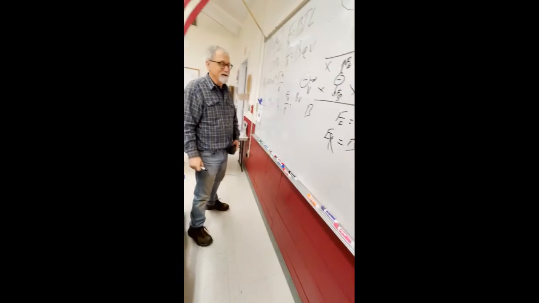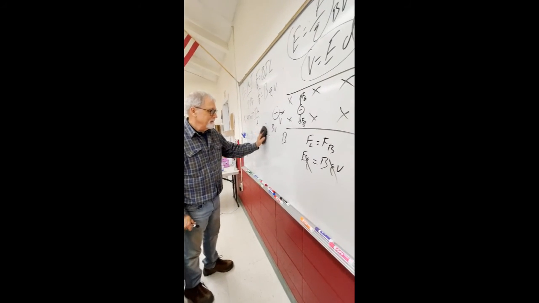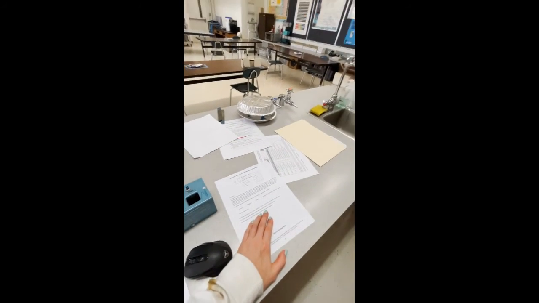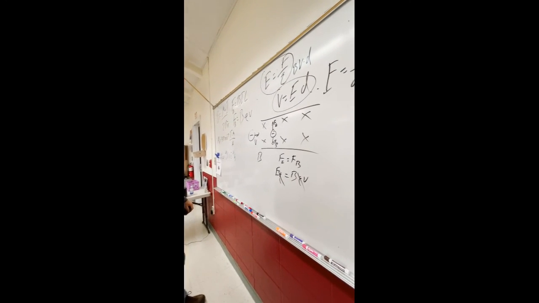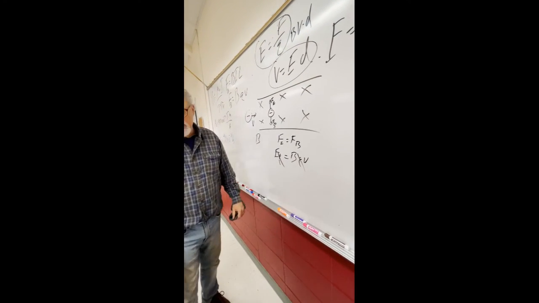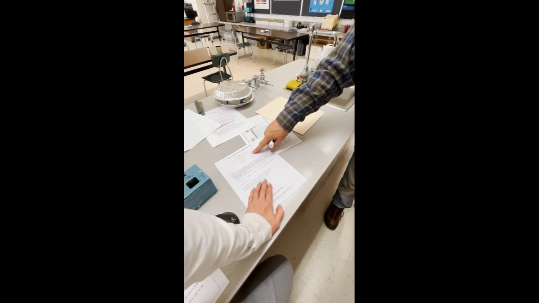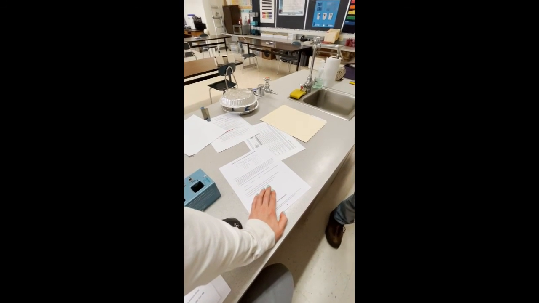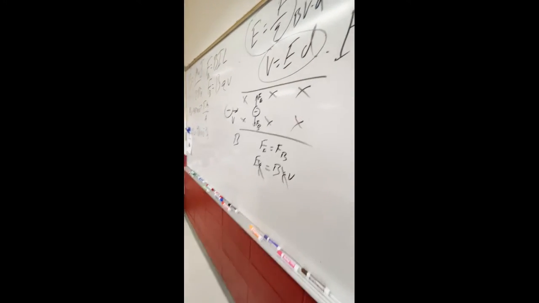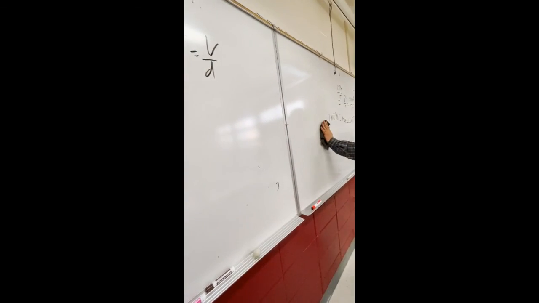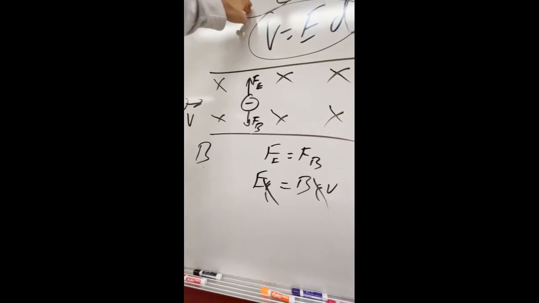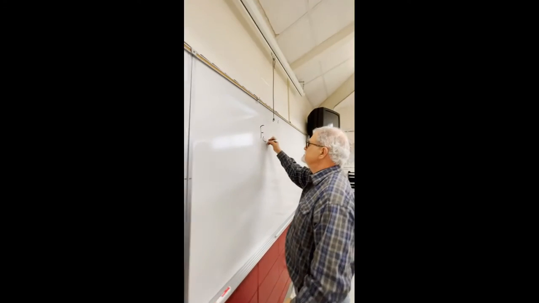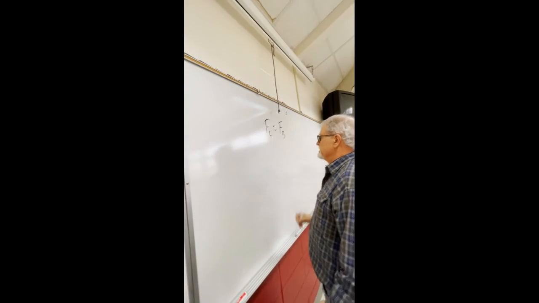Determine the ratio of the charge to mass. Do we have the ratio of charge to mass? We don't have our charge yet. The charge to mass is going to come from this. The centripetal force is provided by the magnetic force.